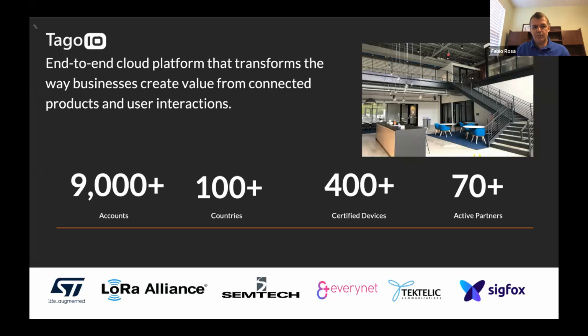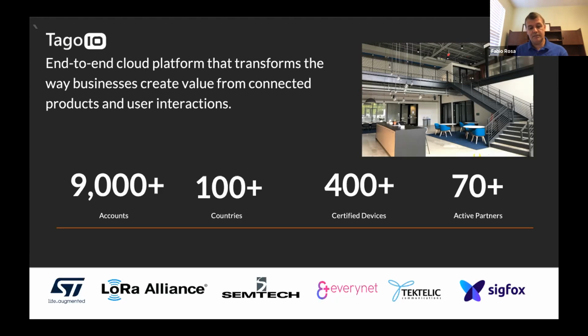So very briefly about the TagoIO. TagoIO is the platform focused on the cloud side to help companies bring information from sensors to the business. Today, we continue growing with more than 9,000 accounts. We have been used in several countries, more than 100 of them right now.